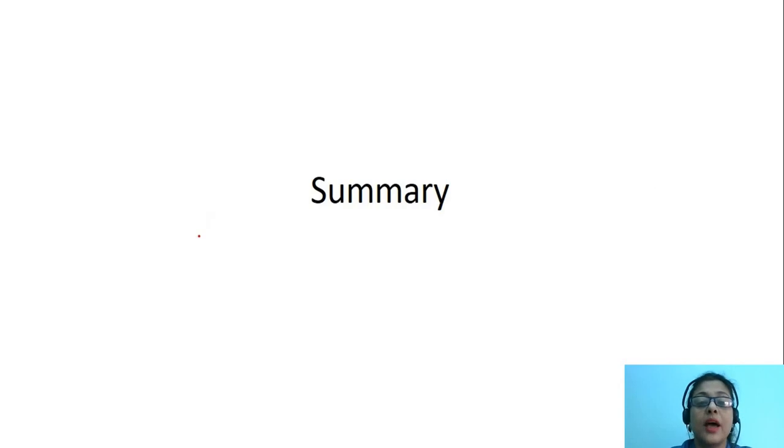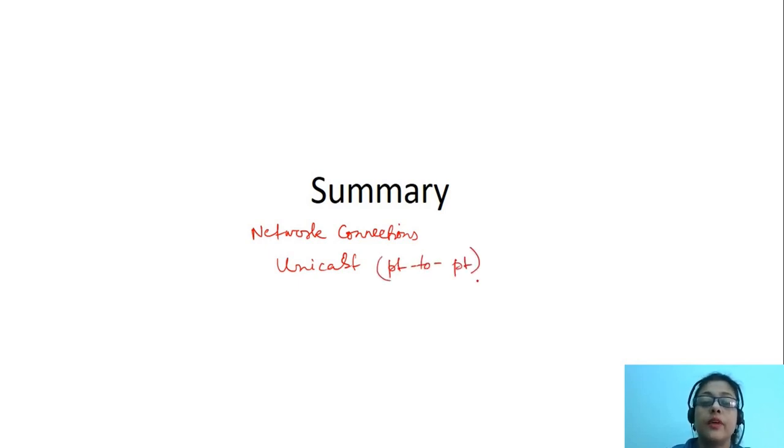So, to summarize, we have learned about various network connections. We have learned about unicast or point-to-point connection, where there is a one-to-one connection between a single node N1 to NO2, as we have seen.